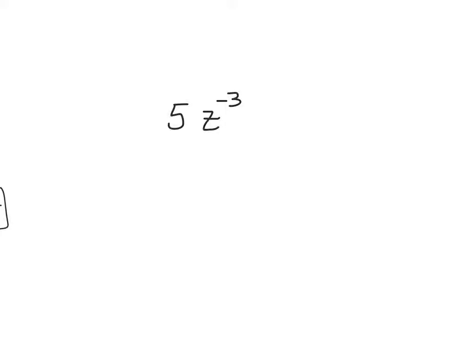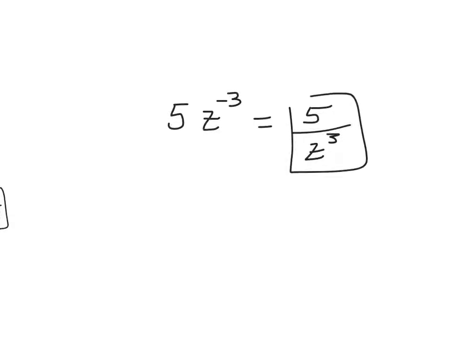No? What is the exponent on 5? 1. It's 1. So it doesn't have to move. If you move it, its exponent is going to become negative. We don't want to do that. So the only thing that would move here is the z to the negative 3. So 5 stays in the numerator. Z to the negative 3 is going to go to the denominator and become z to the positive 3. 5 over z cubed.